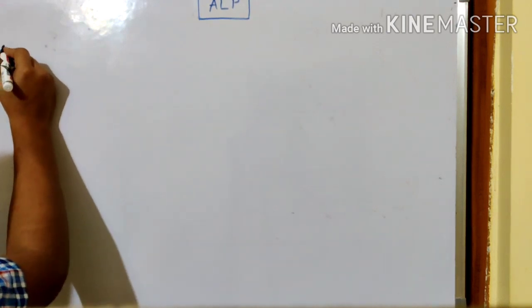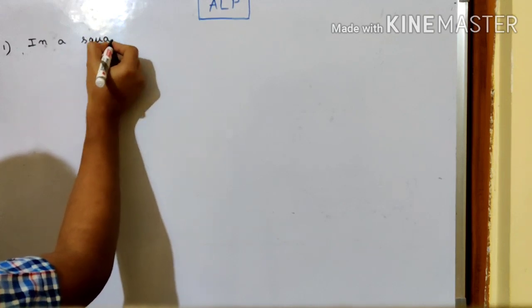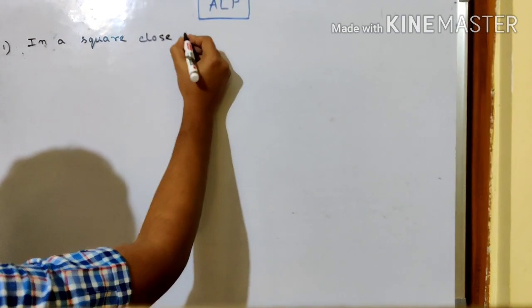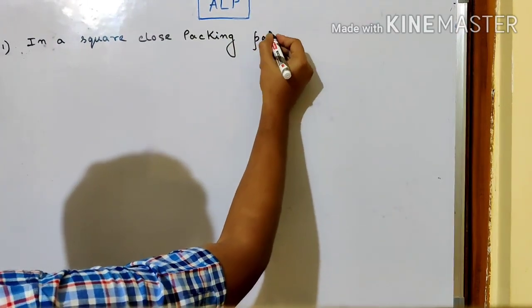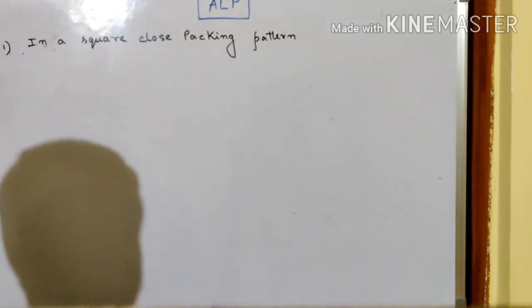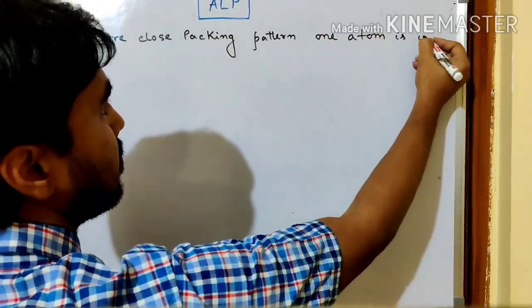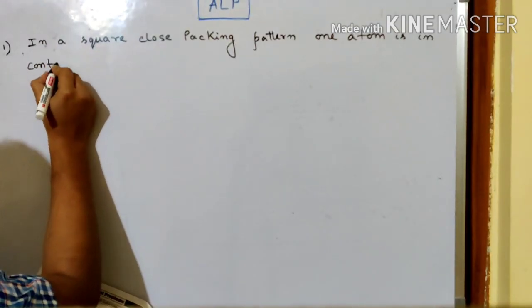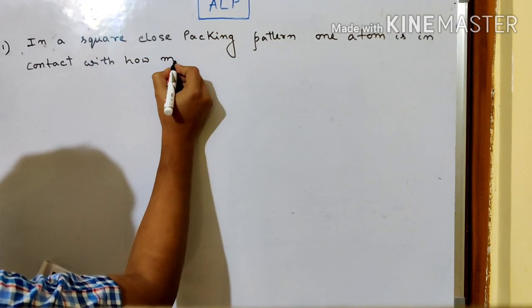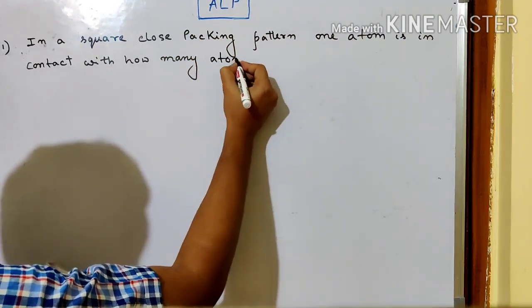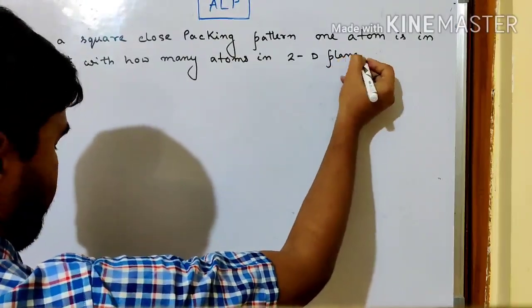The question is, in a square close packing pattern, one atom is in contact with how many atoms in 2D plane base.